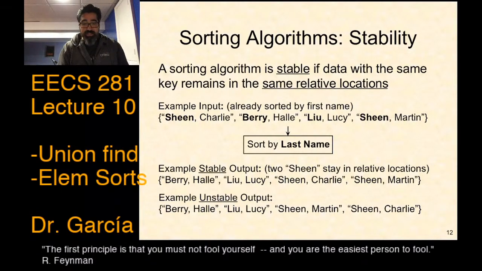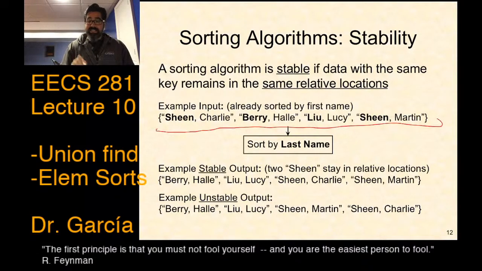Let's say that we're looking to sort these names right here, okay? And we want to sort by last name. So each string is a first name and a last name, but the key that we're using to sort is by last name. So the key is the last name. So we see that both Charlie Sheen and Martin Sheen have the same last name. Okay, so in our sorting, they would be considered same key, right?